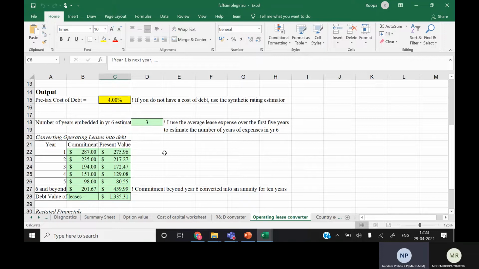From row number 22 to 27, you see conversion of operating lease commitment for the first 5 years and from the 6th year and beyond into their present value, and adding up all the present values as debt value. So operating lease expense commitment is considered as debt value. That is what we are supposed to pay in the years to come. That is our rent that we are supposed to pay.